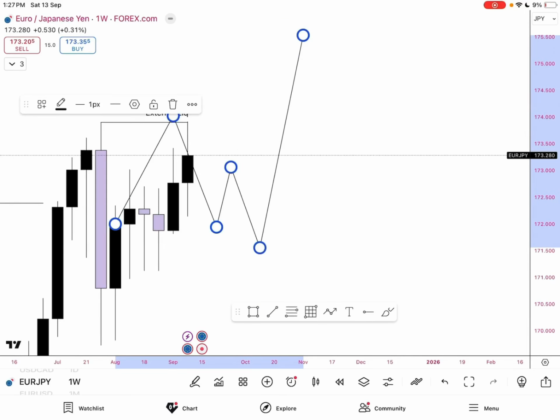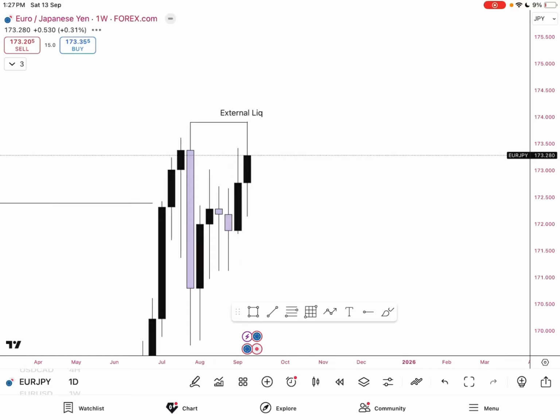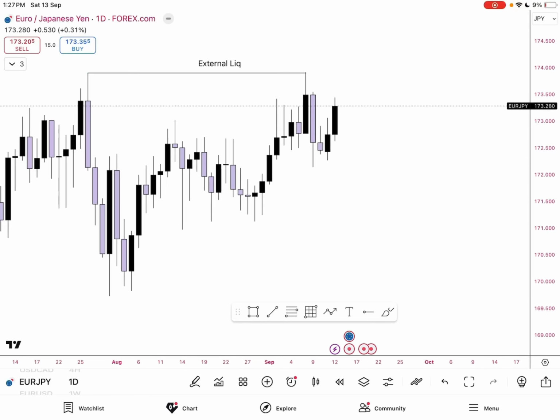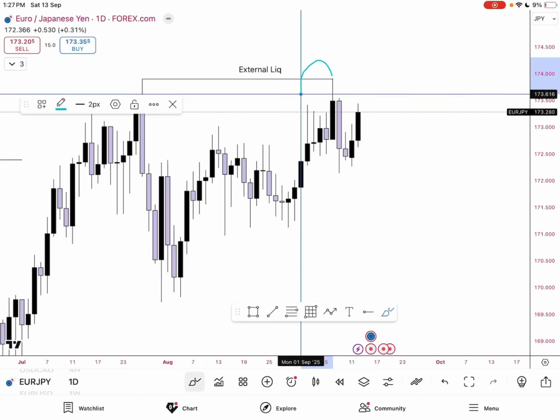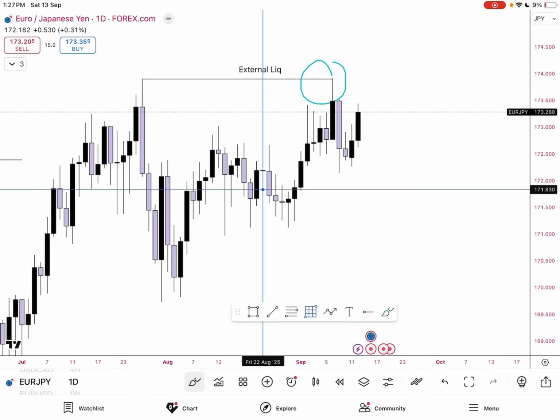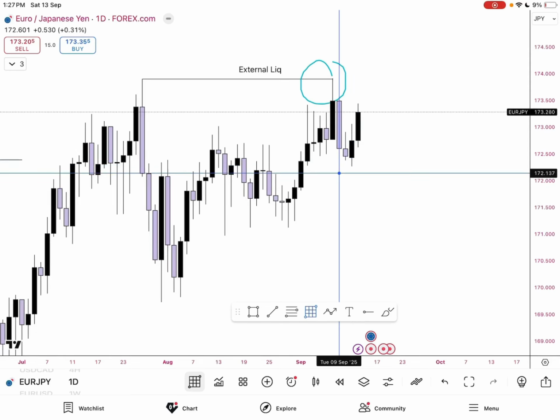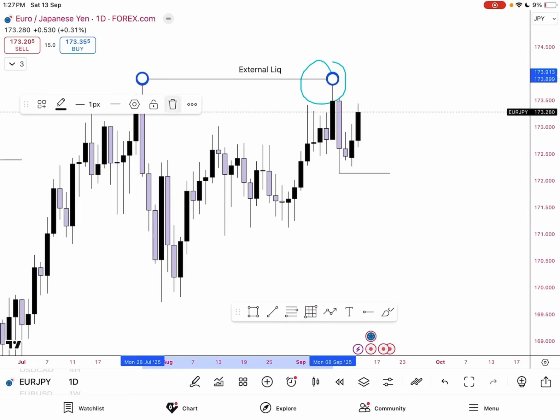Keep in mind this one. So I want to consider that after the external liquidity has been taken out, price will go for internal liquidity. Here, what is internal liquidity? So this will be the internal liquidity.